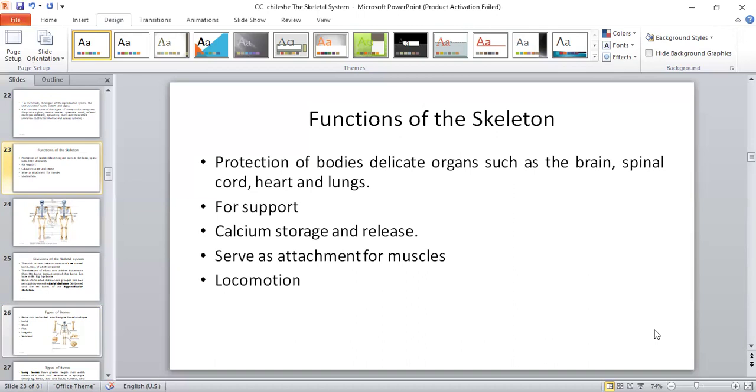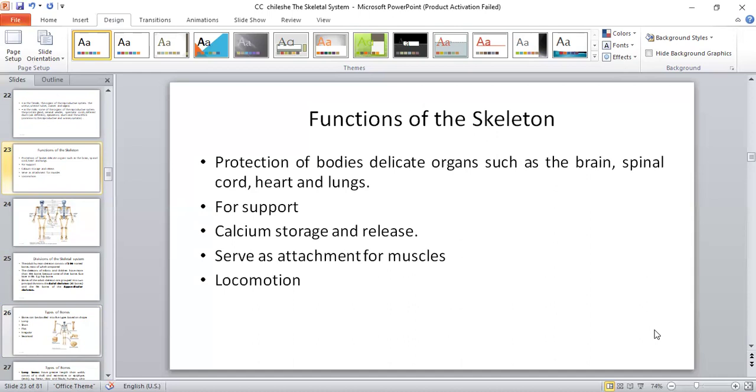The second function is support. So the skeletal system supports body organs and body tissues. Then muscle attachment. Muscles attach to these bones and provide support. And then movement.